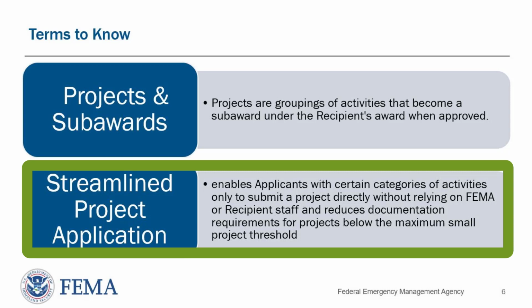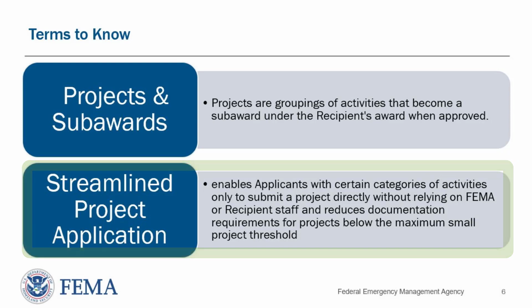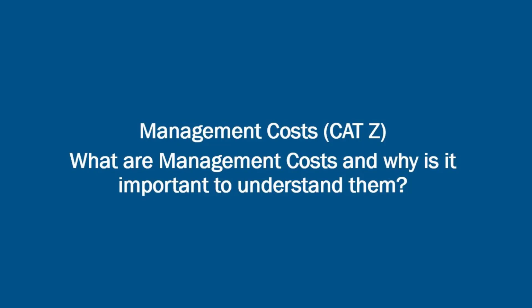We then expanded past just a COVID project to include all Category B emergency protective measures, since we know the pandemic response is different from our traditional sandbagging and running of an emergency operations center. You can do a Category A, which is a debris removal, and then finally you can do this Category Z management cost.